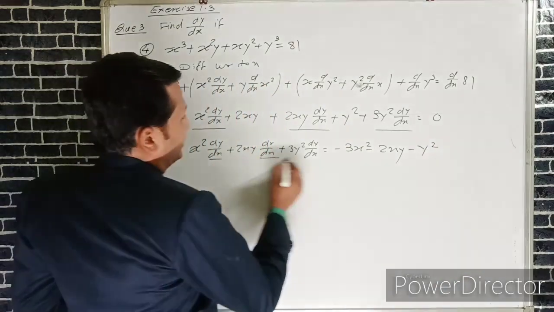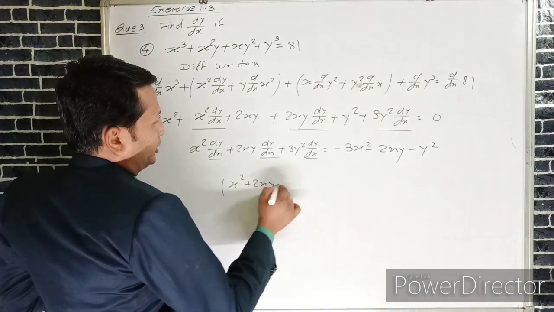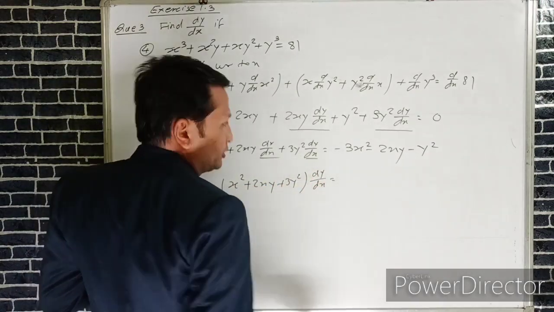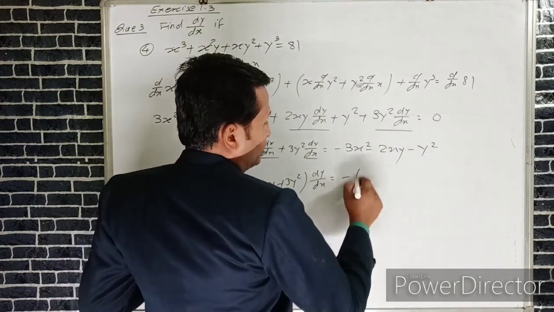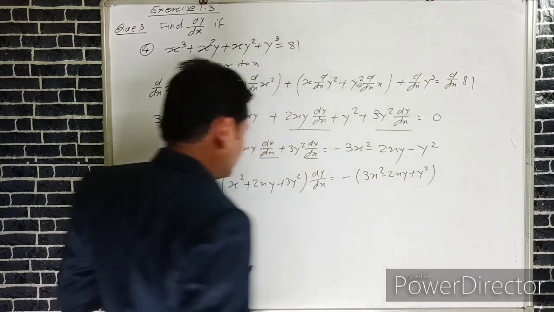Taking dy by dx common, we write x square plus 2xy plus 3y square into dy by dx equals, taking the minus sign common, 3x square plus 2xy plus y square.